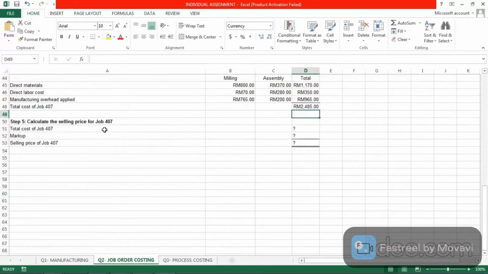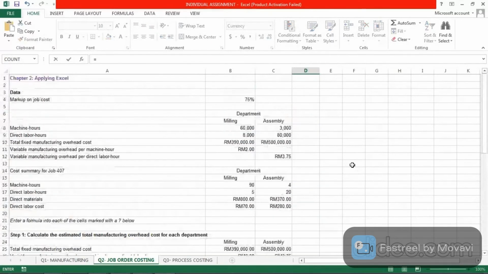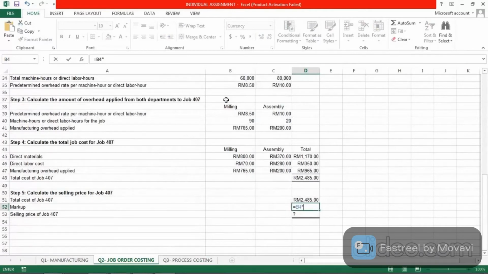Step 5. Calculate the selling price for job 401. So the total cost of job 401 that we've got is equal to this one. And then to find the markup price, we need to multiply the markup percentage right here, 75% times with the total cost of job.